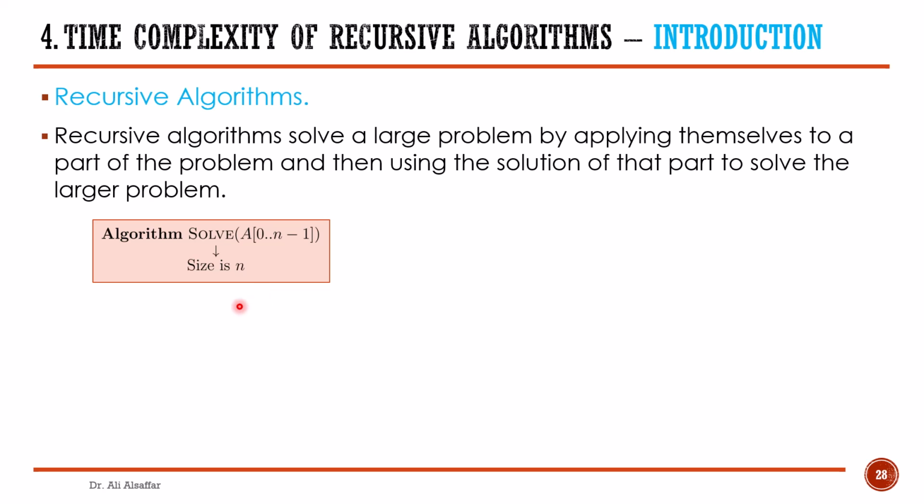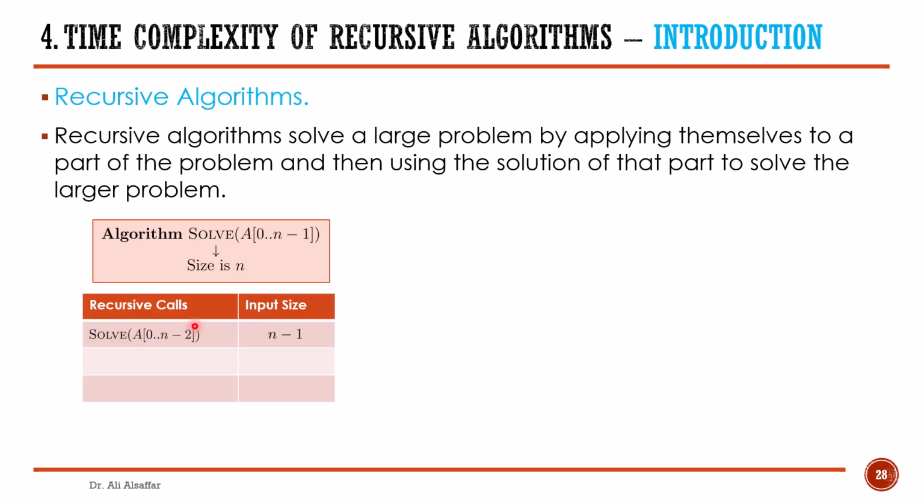Now when you call the algorithm recursively to pass part of the array as a parameter, you need to pass it as a subarray. For example, in this recursive call, if you pass a subarray starting from index 0 to index n-2, then the input size is equal to n-1.